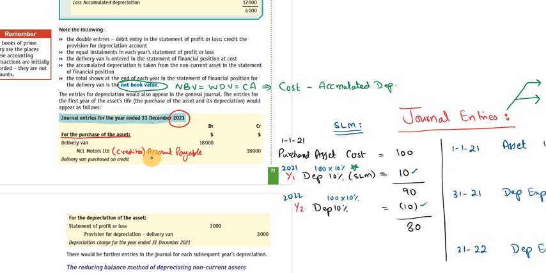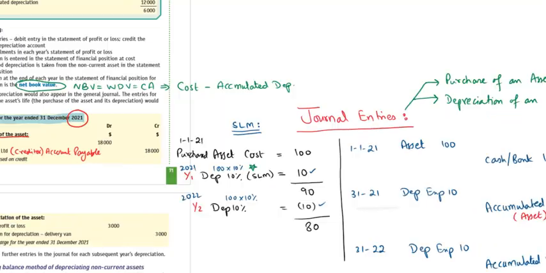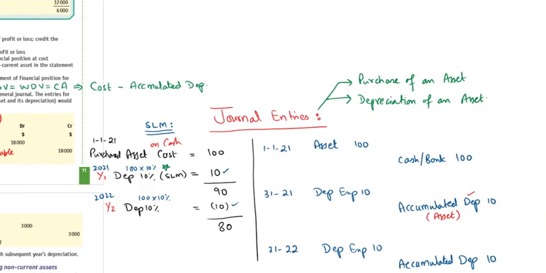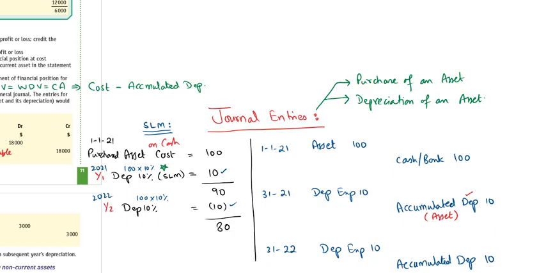The word payable is used for inventory purchases, while accounts payable is normally used for non-current assets. So this is the double entry: asset debit and creditor credit. Or if we purchase the asset through cash, like this: asset cost is 100, and assume on cash. So the entry will be asset debit and cash or bank credit.